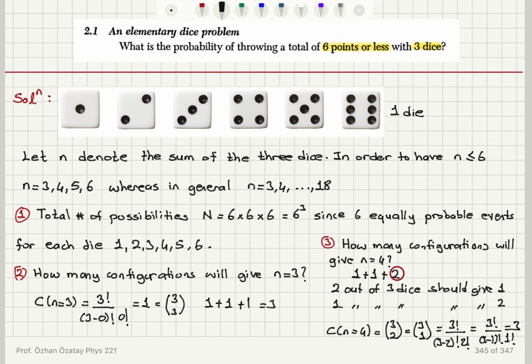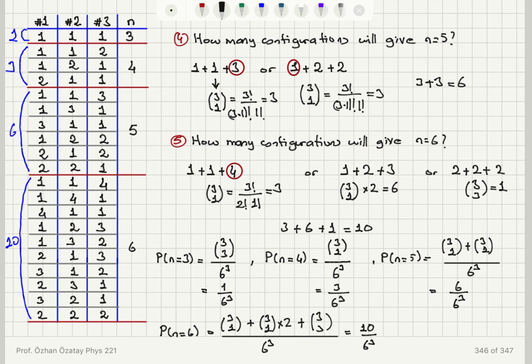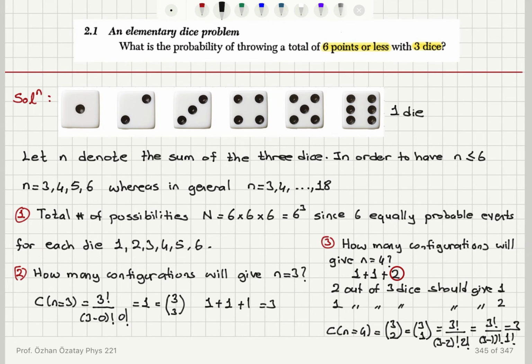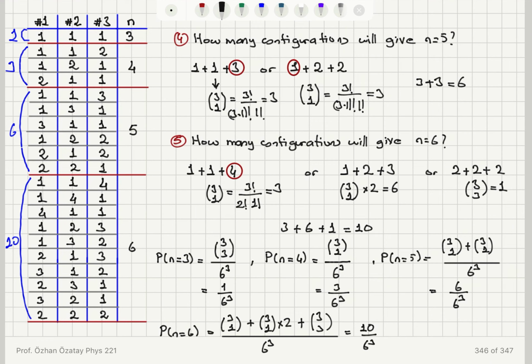You need 1 plus 1 plus 2, or 1 plus 2 plus 1, or 2 plus 1 plus 1. So basically this 2 can be assigned to the first, second, or third die. So we can choose 1 out of 3 objects to assign to it 2, or we can choose 2 out of 3 objects to assign to them 1. It's equivalent, and these combinations give us 3. So 1, 1, 2, 1, 2, 1, 2, 1, 1.